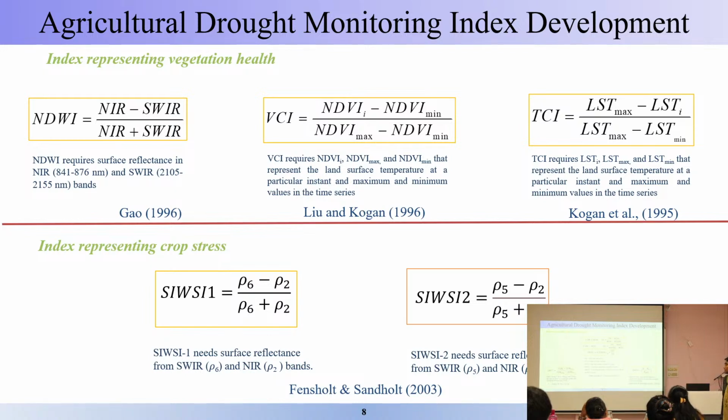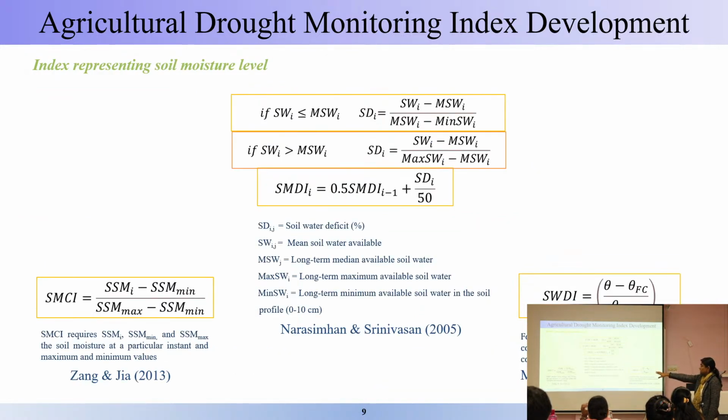Now similarly, we want some indices that can represent soil moisture status. Okay. So in this particular study, we used 3 candidates: SMCI, soil moisture condition index, then SMDI, soil moisture deficit index, SWDI, soil water deficit index. So you can see their formulas are different because different scientists have proposed these based on their data or their experience with the field observations.